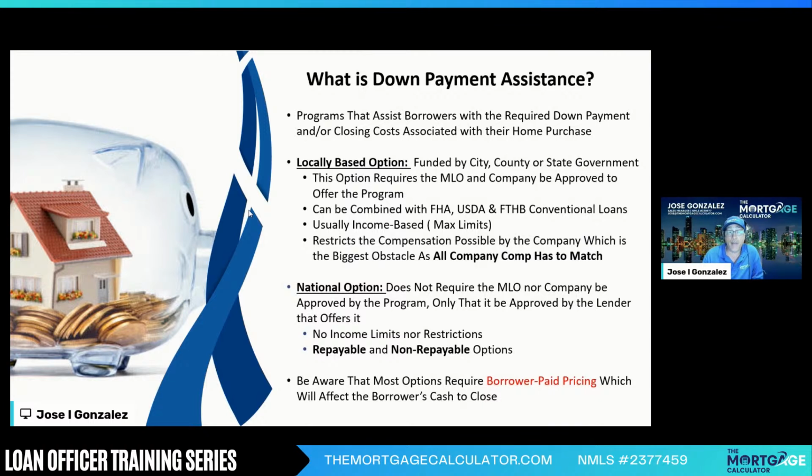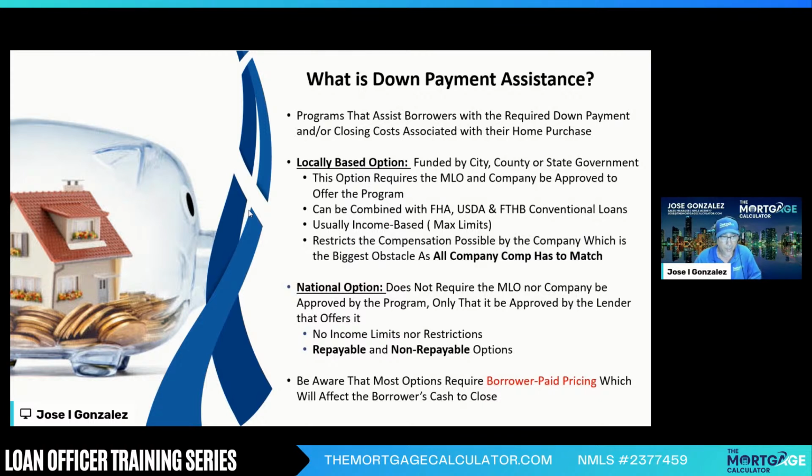And we do have repayable options and non repayable, also known as forgivable options. The forgivable one, you don't have to make any payments ever, nor do you have to pay back. And I'll get into that in more detail. The repayable one, you do have to pay back. It does have a set term, but there are reasons why you would choose a repayable option over the forgivable option.